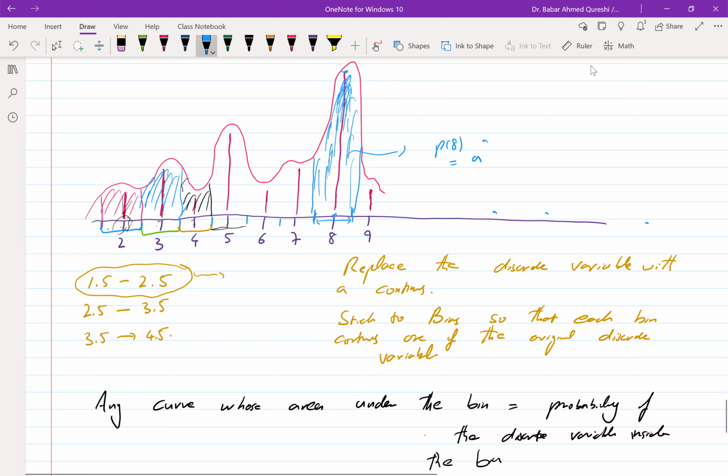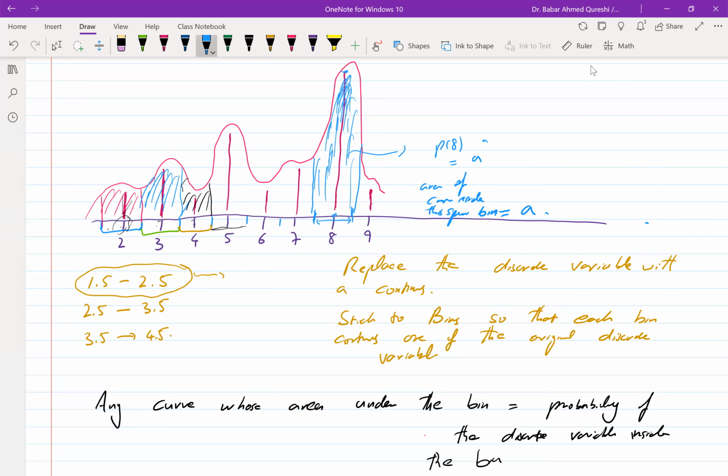So I choose a curve so that the area of the curve inside this specific bin is equal to the probability of this thing.